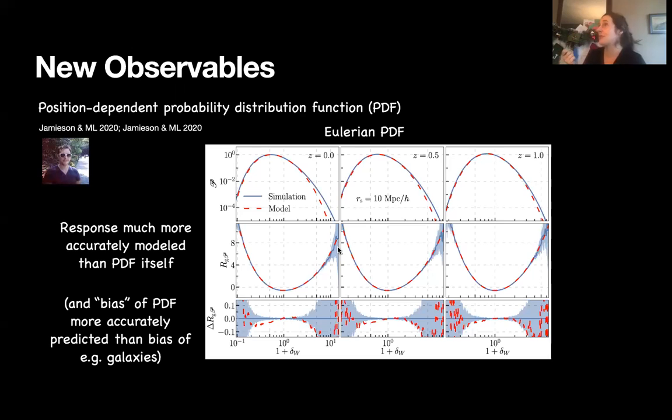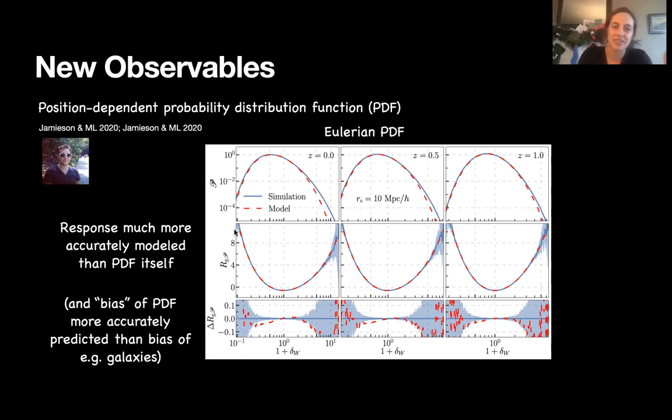That's different from the observable that you measure. If you're measuring the cluster PDF clustering, then you're measuring the correlation between the PDF here and the PDF here. As long as you include different density values, you would naturally get all of that. You just have to include all the covariances. Yeah, exactly.